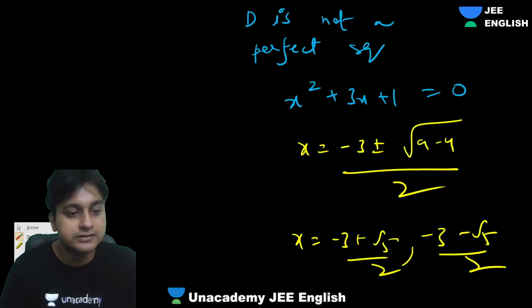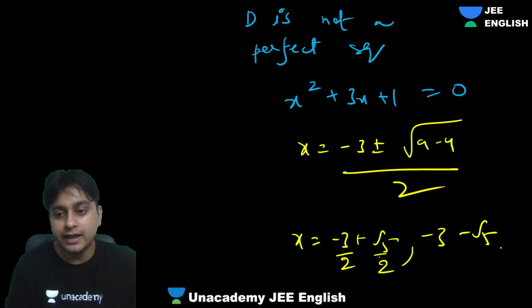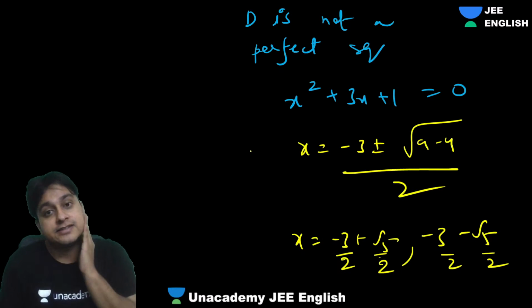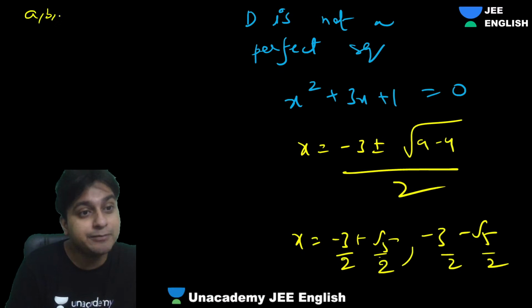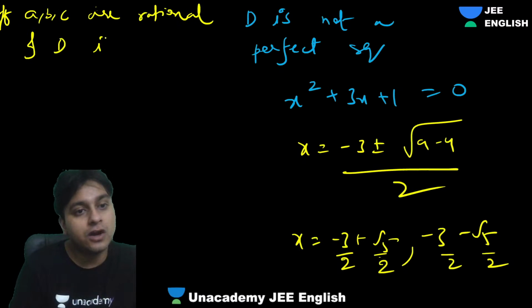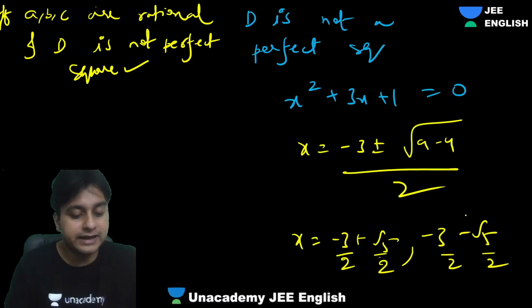Ninth grade standard concept. Conjugate. Right? We can say this is A plus root b, and this is A minus root b, isn't it? So they are conjugates of each other. So guys, that's the reason why I'm saying if a, b, c are rational and D is not a perfect square, we will be getting these roots.